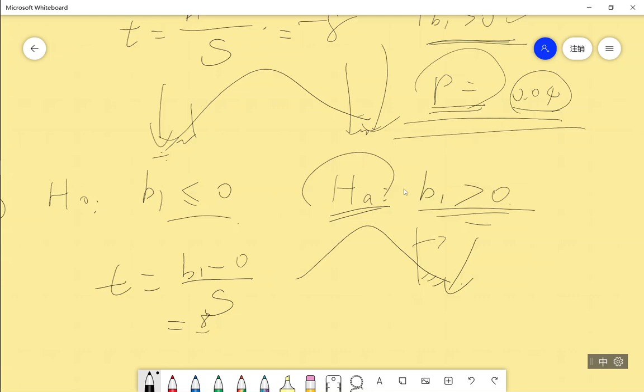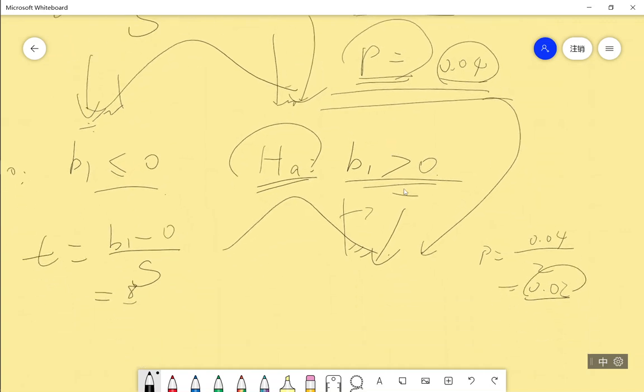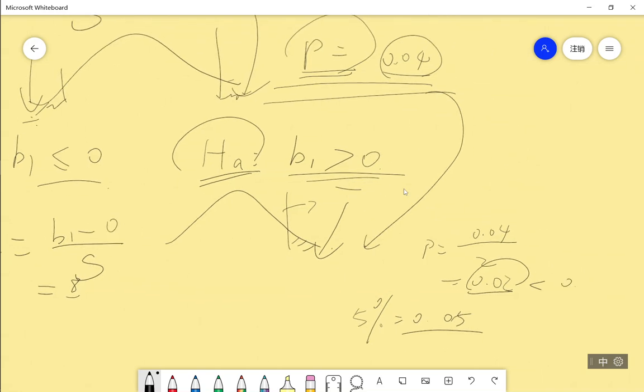As you can see, the p-value of two tails is 0.04, and the p-value of one tail is just 0.04 divided by 2. We got 0.02 here, and that is the p-value. And if the rejection area is 5%, which means 0.05, and 0.02 is less than 0.05, voila, we got the rejection here.